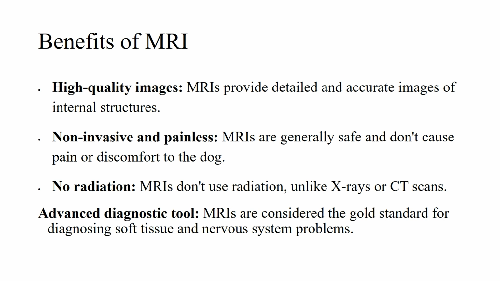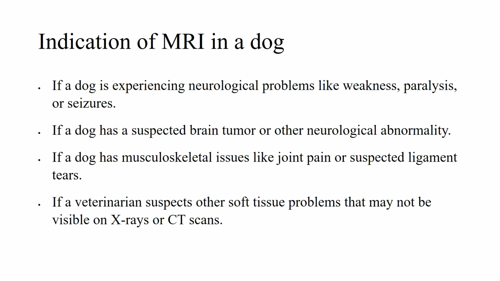If we talk about the benefits, it gives high quality images, it is non-invasive and painless, and since it does not use X-rays, there is no exposure to radiation, and of course it is an advanced form of diagnostic tool.